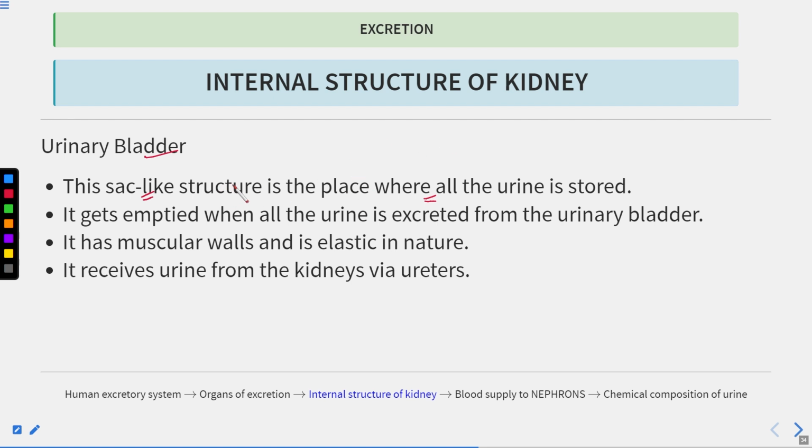Urine is stored for a while in the urinary bladder, and whenever you feel like discharging it, you can discharge it through the urethra. The urinary bladder contains some special kind of muscles. These muscles can relax and contract depending on the amount of urine present in the urinary bladder.